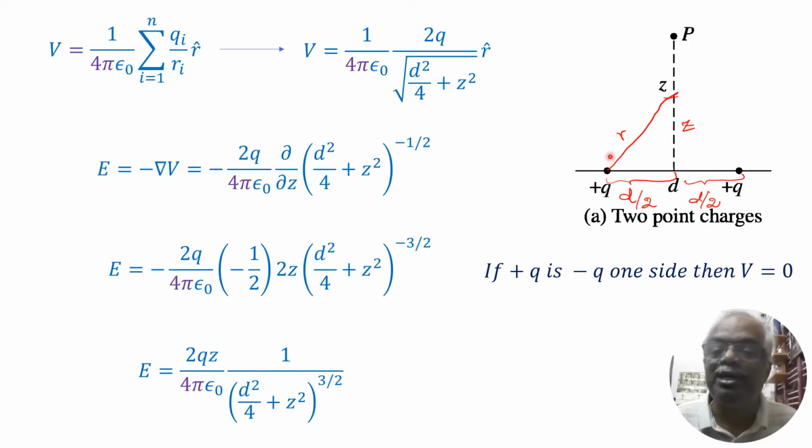Then R is equal to the square root of (t/2) whole squared plus z squared, that is t squared over 4 plus z squared. Sorry, this is V.